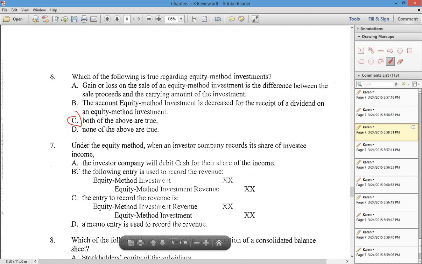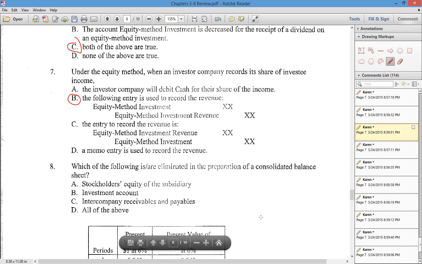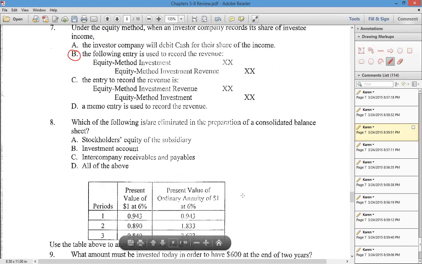The answer is B. They need to record their revenue, and it increases their investment. For the consolidated balance sheet, the answer is D.